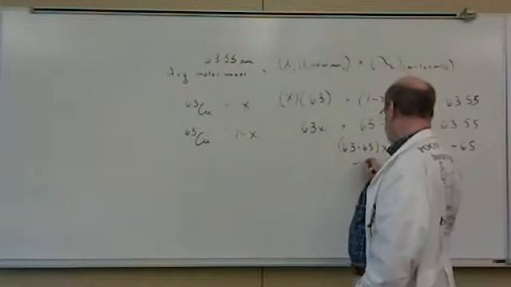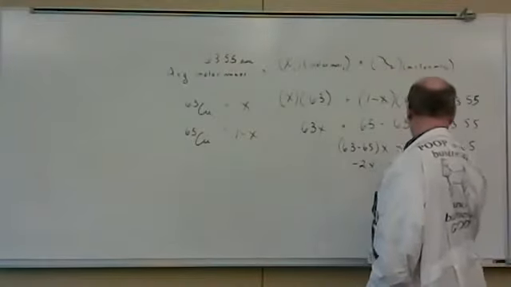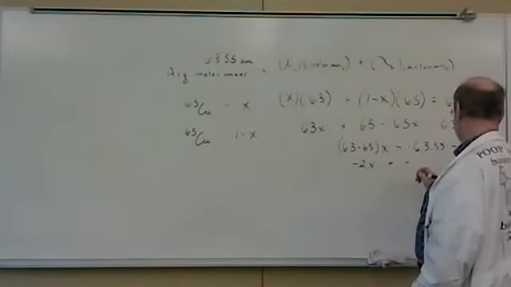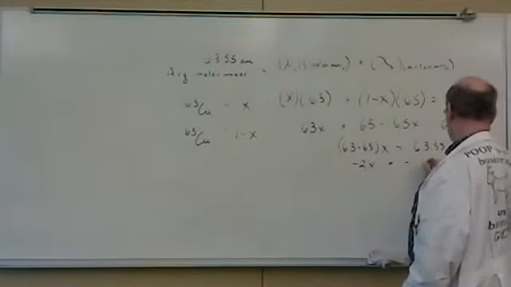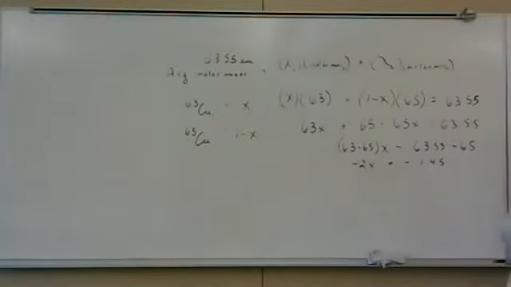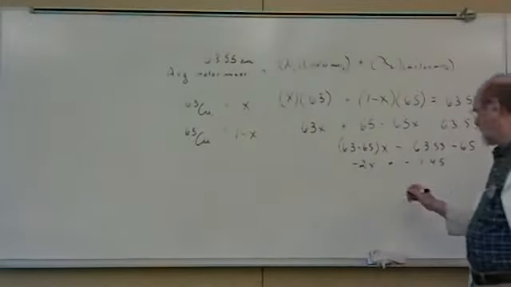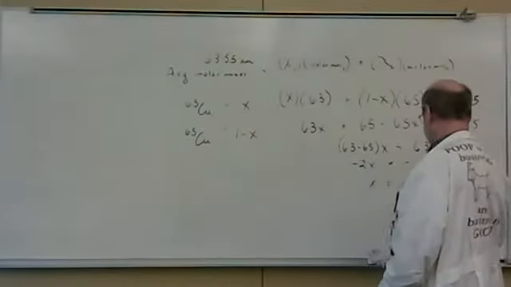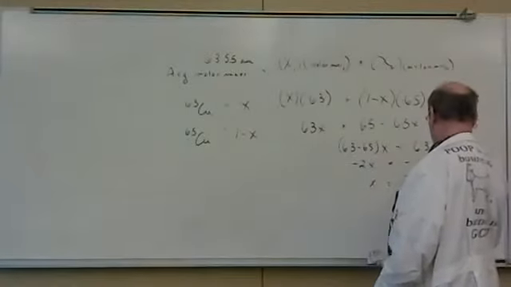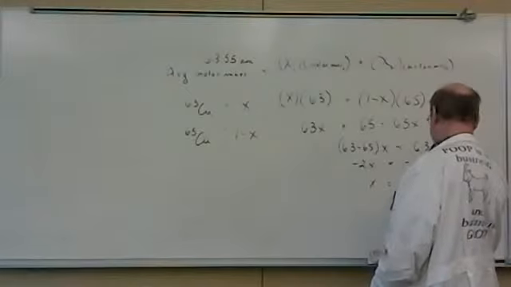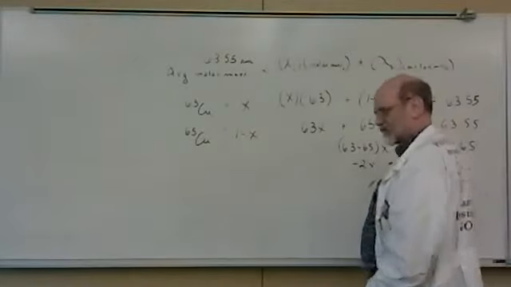This is going to be a minus 2x, and this is going to be a minus 1.45. So x then is equal to minus 1.45 divided by minus 2. The minuses cancel out.